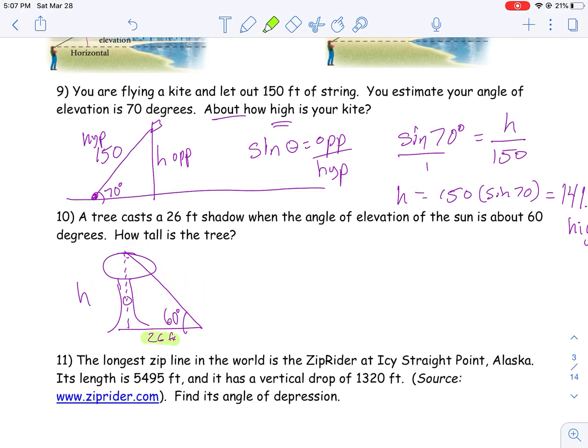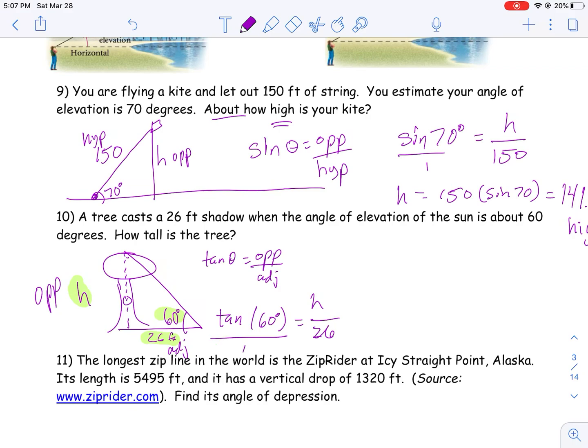All right, so let's take a look. What do we have here? We have 26, we have 60. We're looking for h. h is not the hypotenuse. h is opposite, and I have adjacent. So I'm going to use tangent of the angle is opposite side over adjacent side. Tangent of 60 degrees equals h over 26.